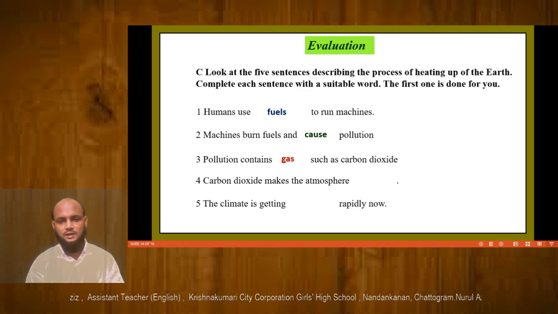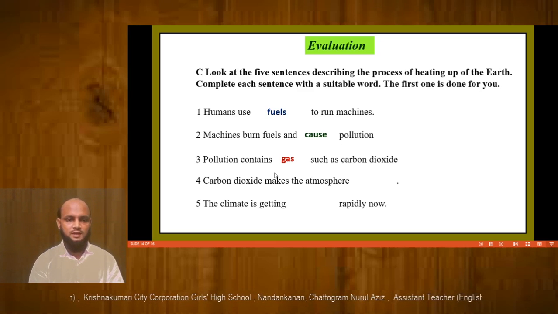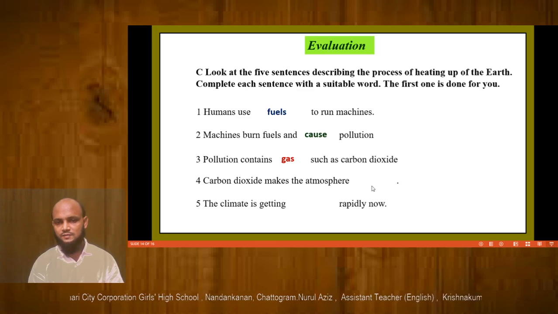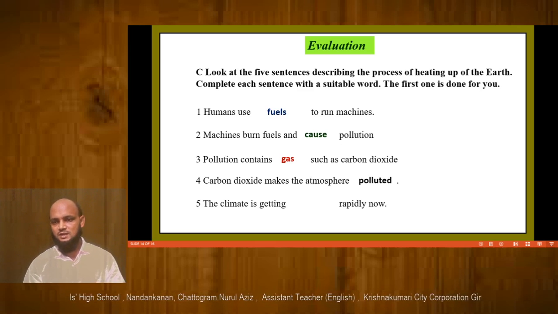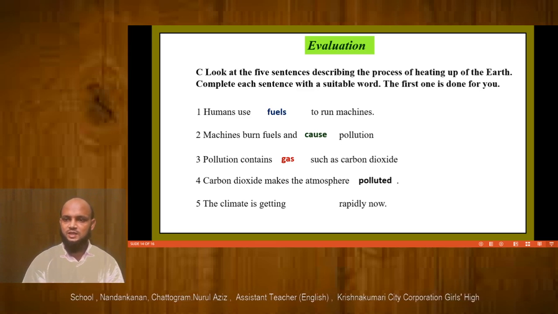Carbon dioxide is a gas. Pollution contains gas such as carbon dioxide. And now, carbon dioxide makes the atmosphere dash. This is too easy. So this should be polluted. Carbon dioxide makes the atmosphere polluted.